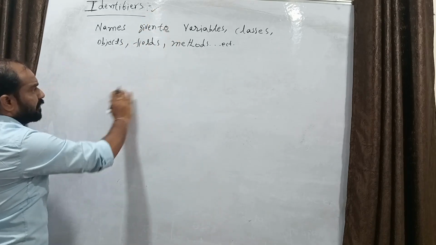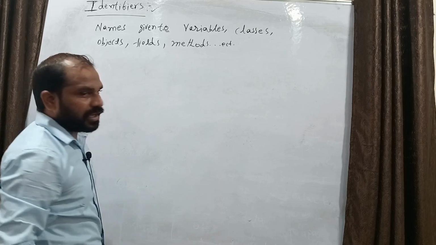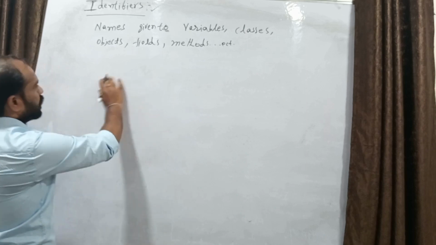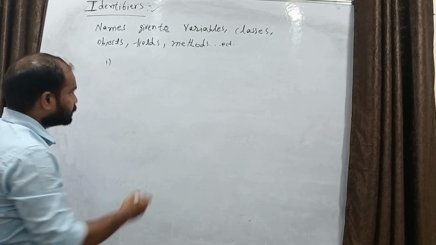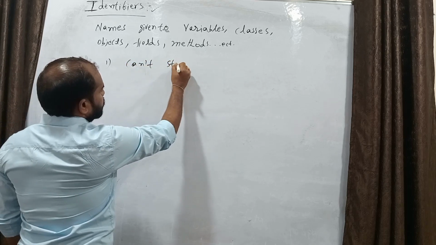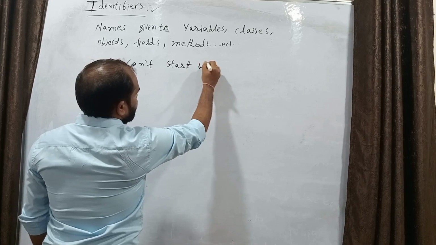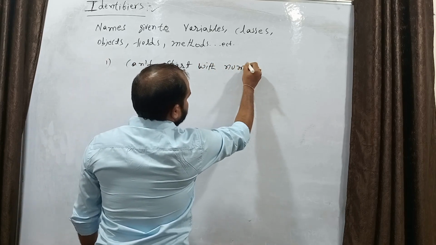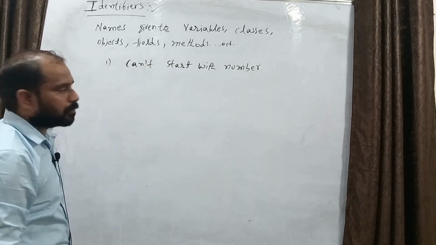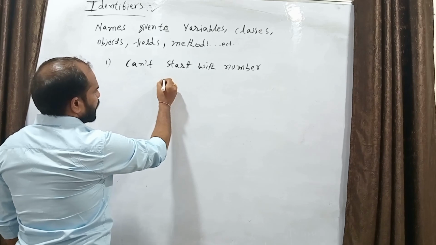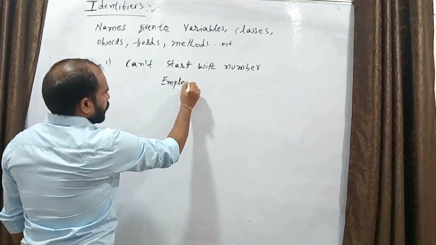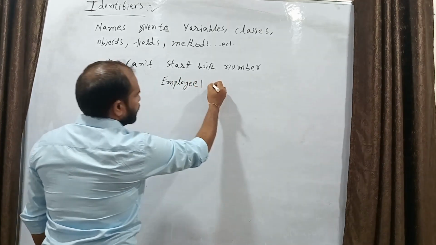So how do we create identifiers, names for a variable or class or method or field, whatever it is? You need to follow some rules, right? The first one is that an identifier cannot start with a number. You cannot start a variable or class with a number. For example, if I want to create a variable like this, employee1, it is the correct way.